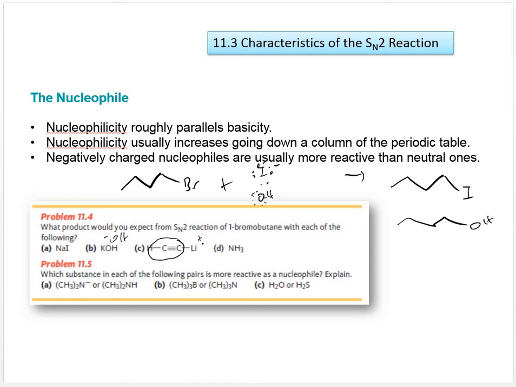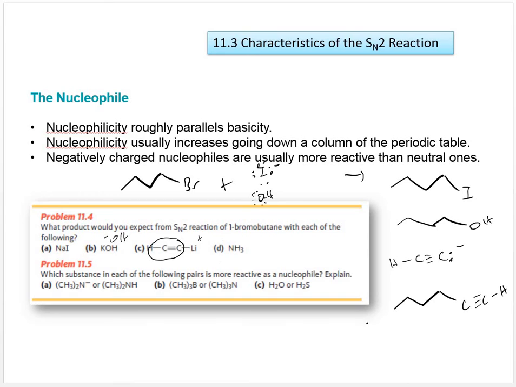But if you think the extreme case, if this is an ionic bond, lithium is going to be positively charged, this carbon is going to be negatively charged. So you can think of here the nucleophile is this HC carbon, a carbanion, acetylide anion. So what's going to happen, instead of Br, we will have this group. So 1 2 3 4, and the nucleophile is this, it will be attached. So this is the product for this.